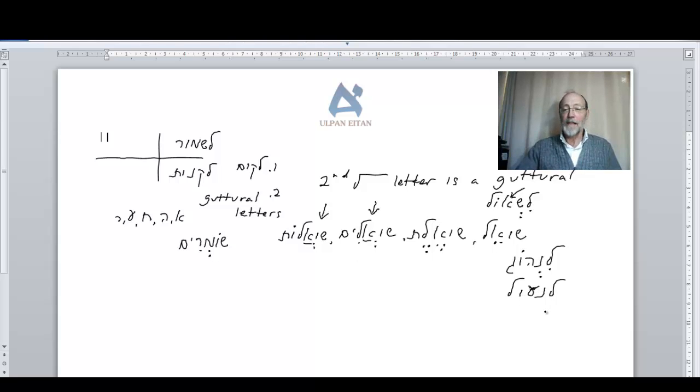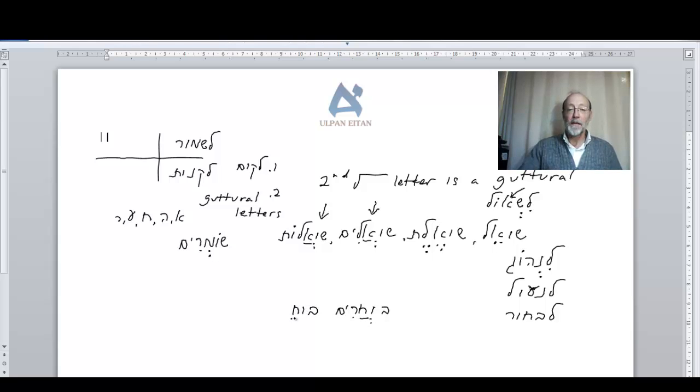And the last example I want to give is the one with the chet, livchor. Very popular verb of the Hebrew language. And the four forms of the present tense are bocher, bocheret. We would think, if we're following the rules perfectly, we should have bocharim and bocharot.